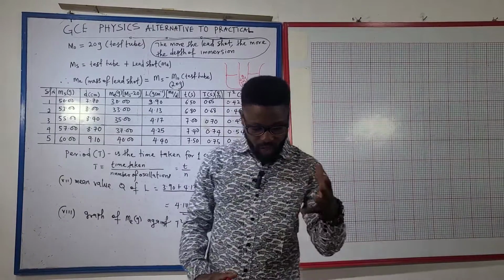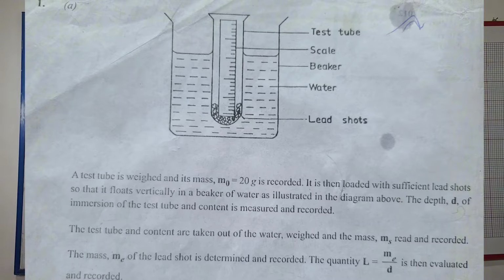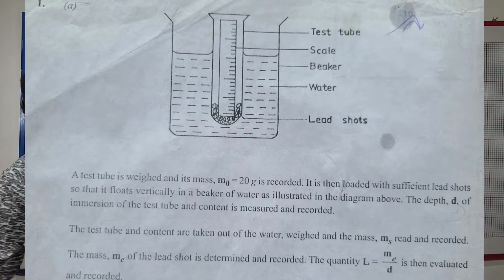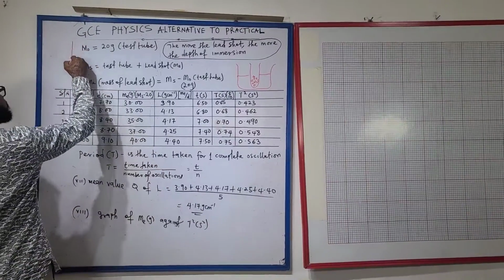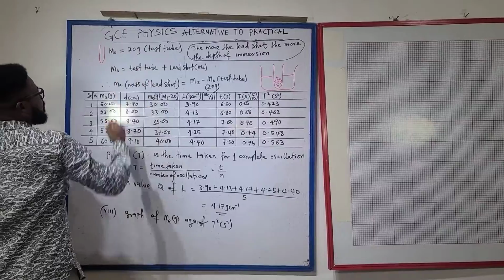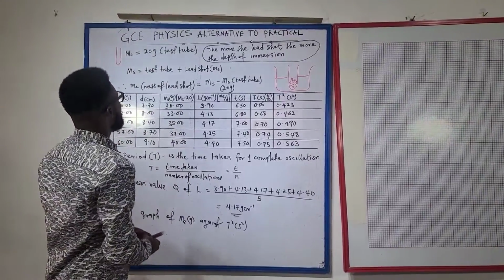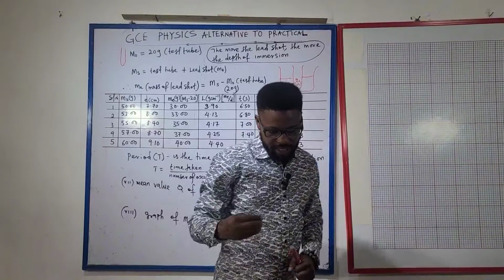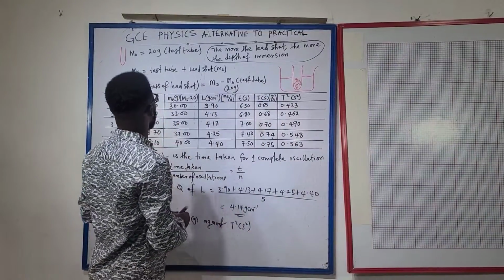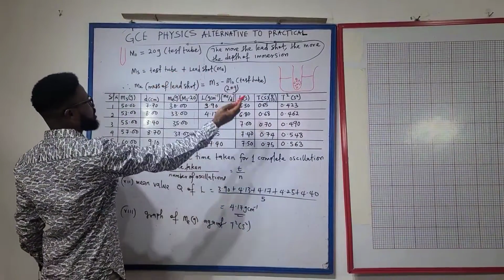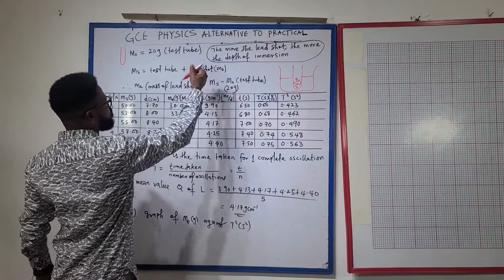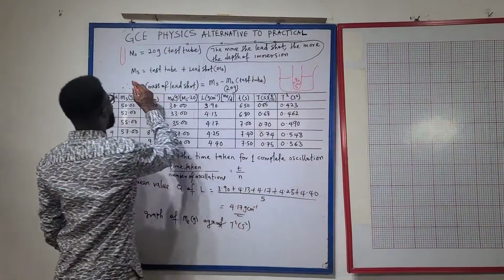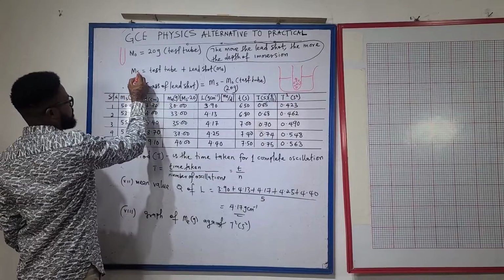But let's get into what the question is saying, what the examiner wants here. It says a test tube is weighed and its mass M0. So which means we have the mass of an empty test tube, which is 20 gram. Now, this test tube is loaded with lead shot. So test tube plus the lead shot we put in the test tube, of course, we tag that MX.